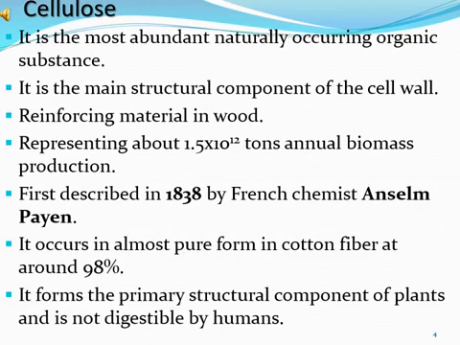It was first described in 1838 by a French chemist. It occurs in almost pure form in cotton fiber at around 98%. It forms the primary structural component of plants and is not digestible by humans.